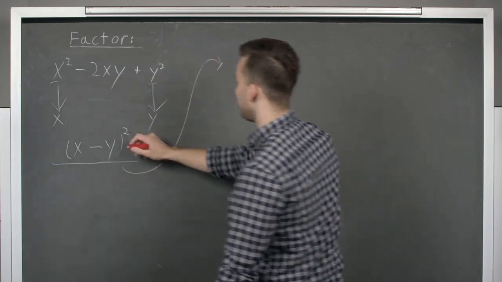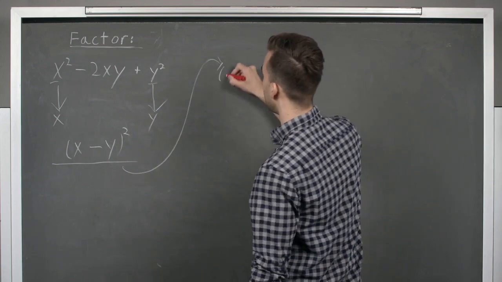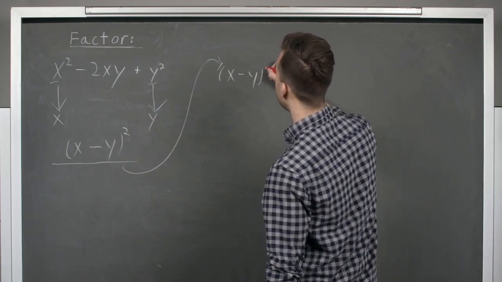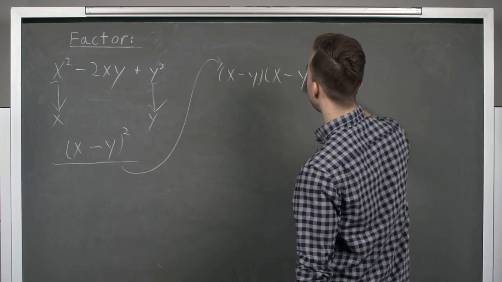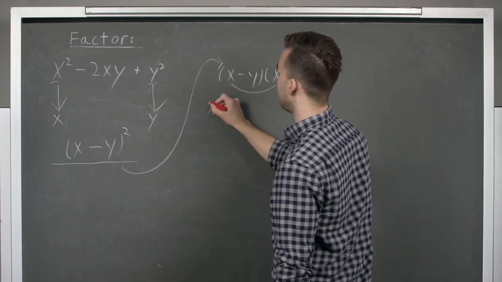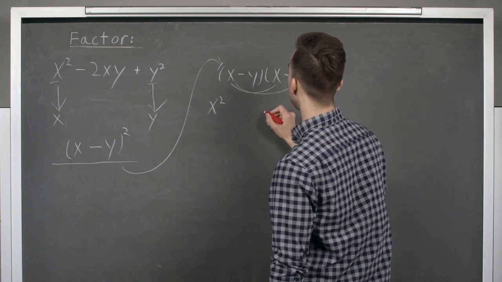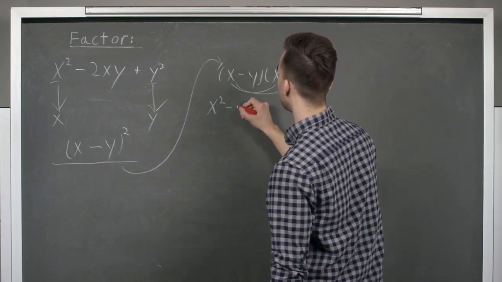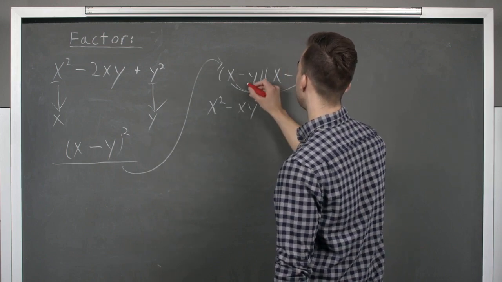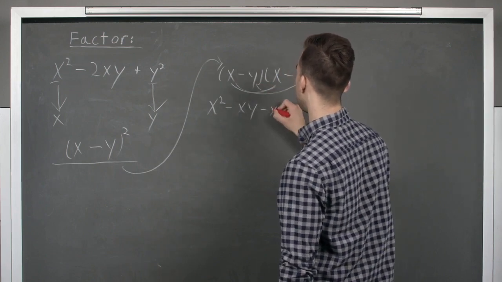Let's go ahead and check it just to make sure it actually worked. If you have x minus y squared, I'll write that as x minus y times x minus y. We can do x times x is x squared. Then x times negative y gives us negative xy. Then negative y times x gives us another negative xy.